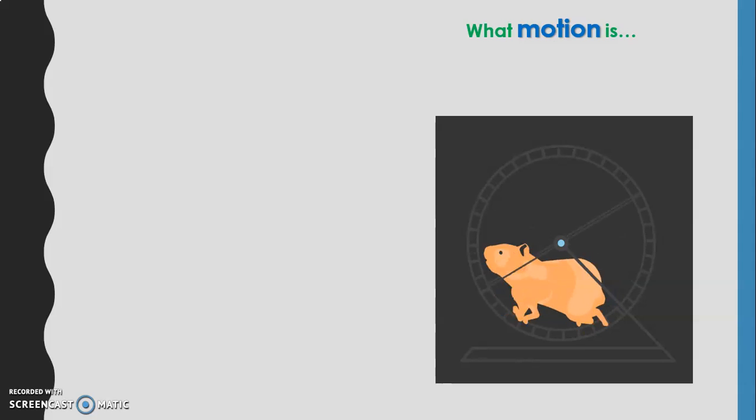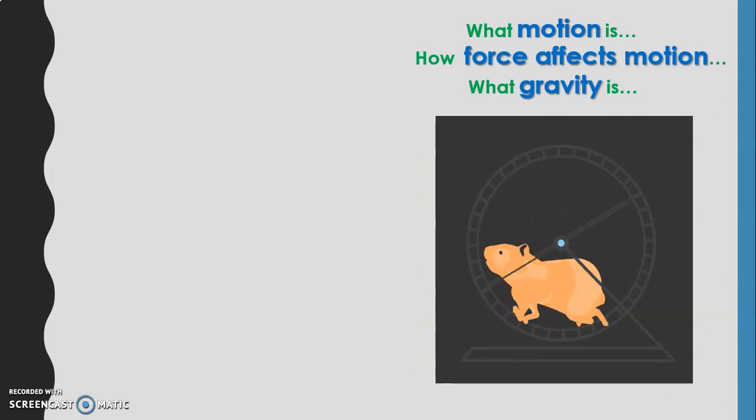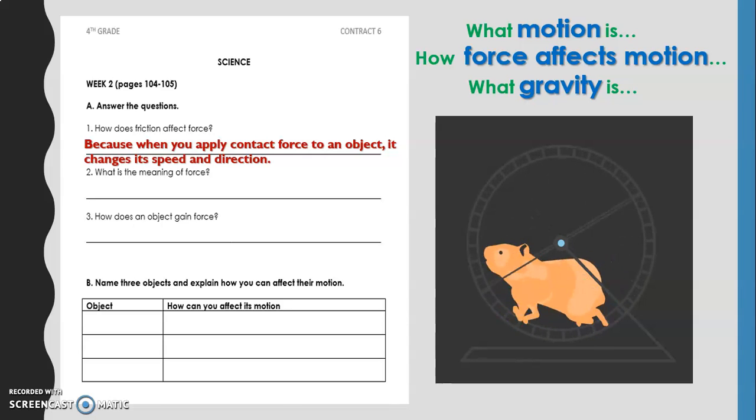We're going to have a freshen up on what motion was, how force affects motion, and what gravity was. Remember that on week 2, and it was supposed to cover from pages 104 to 105, we had questions like, how does friction affect force? Because when you apply contact force to an object, it changes its speed and direction.